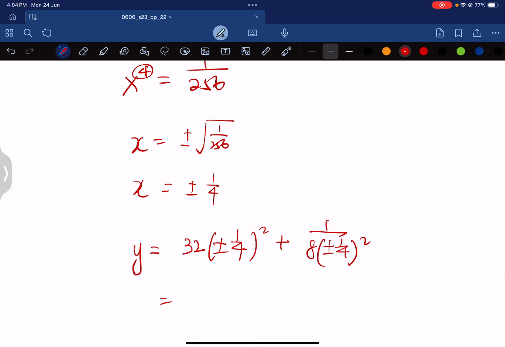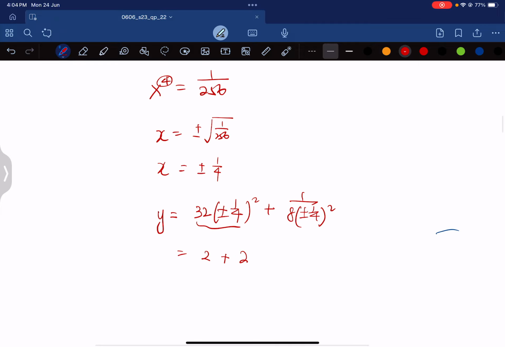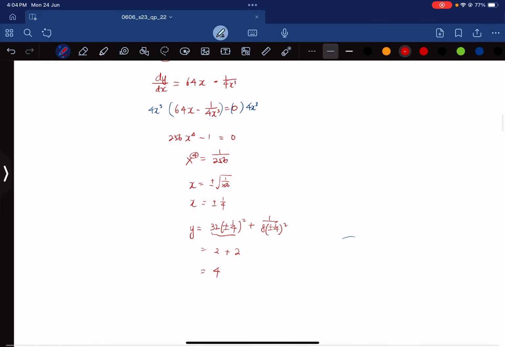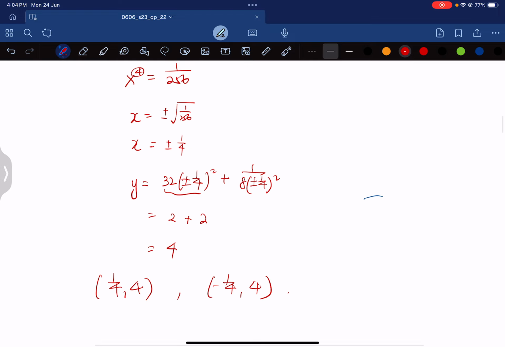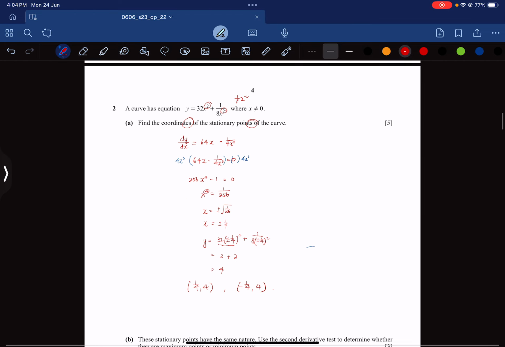So this is 2, this is 1/16, also 1/16, so 1 over 1/16 is 16, so this is 4. So the coordinates of the two stationary points are (1/4, 4) and (negative 1/4, 4). Okay, that's all for this question.